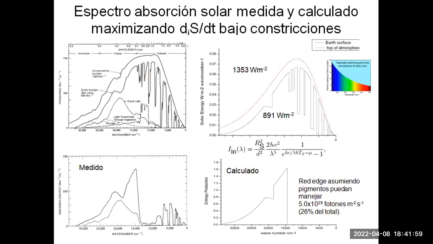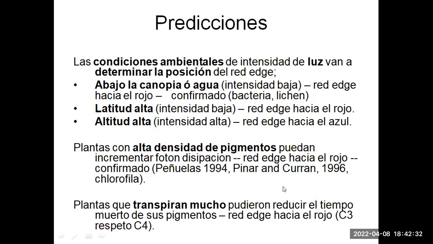Okay. And we only have this red edge where we have plants or cyanobacteria exposed directly to the high intensity solar spectrum, because this is where it saturates. But lichens living on the forest floor, receiving less intensity light, could still keep on absorbing and go into the red edges, which is what we saw. Okay, so that gives us a very nice result.